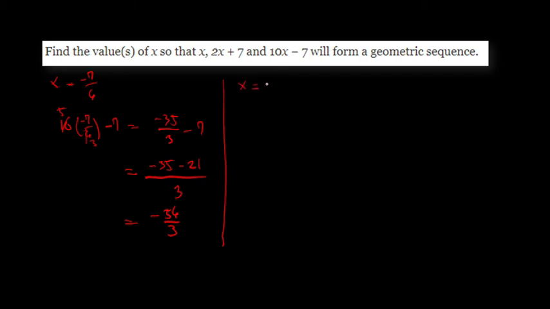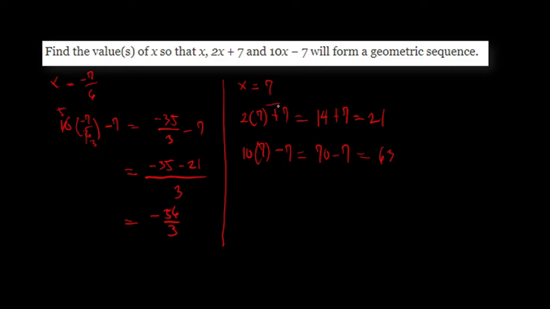Now, if x is equal to 7, so we can substitute. We have now the 7. The second term will be 2 times 7 plus 7, that is simply equal to 2 times 7 is 14 plus 7, that is 21. The second term is 21. Third term is 10 times 7 minus 7 equals 70 minus 7, that is simply equal to 63.